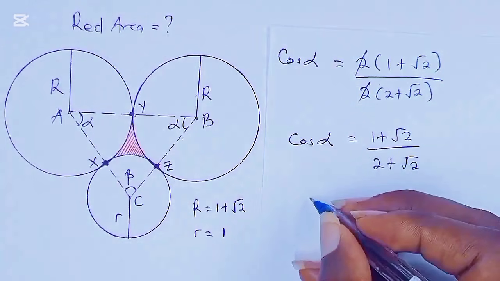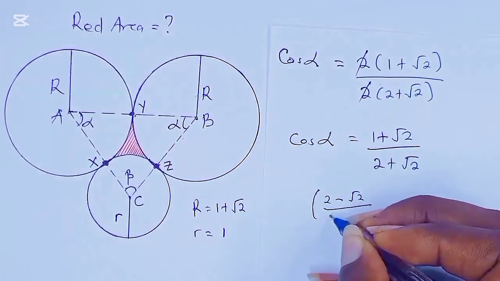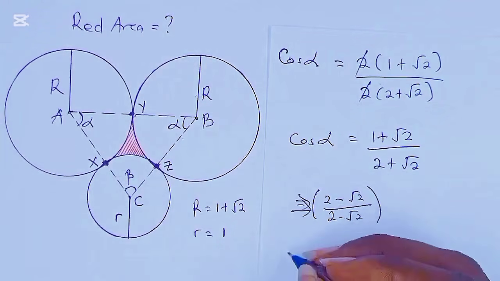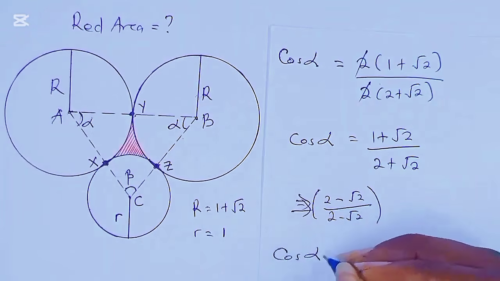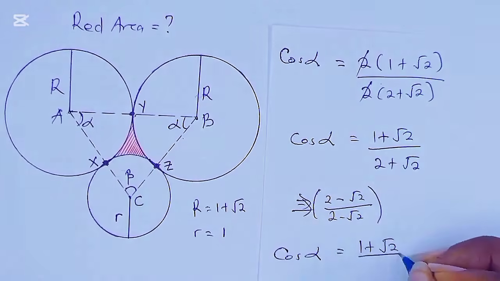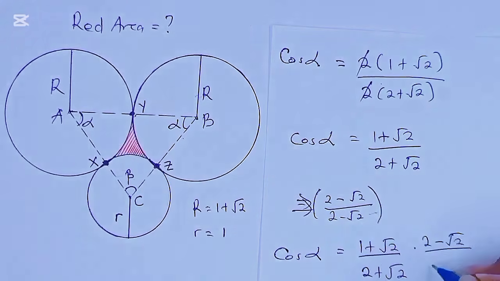So let's multiply by 2 minus root 2 over 2 minus root 2. So we shall have cos alpha being equal to 1 plus root 2 over 2 plus root 2 times 2 minus root 2 over 2 minus root 2.